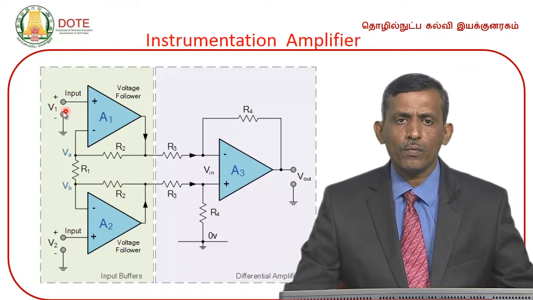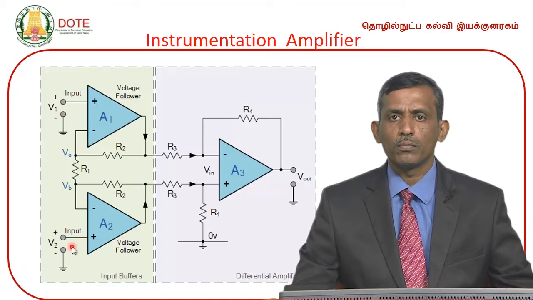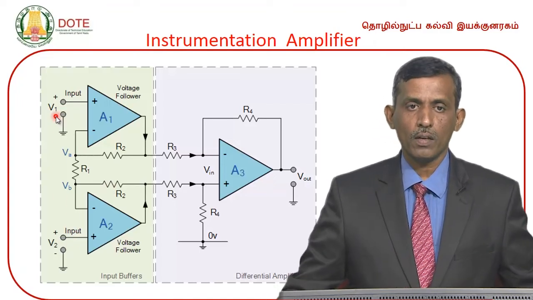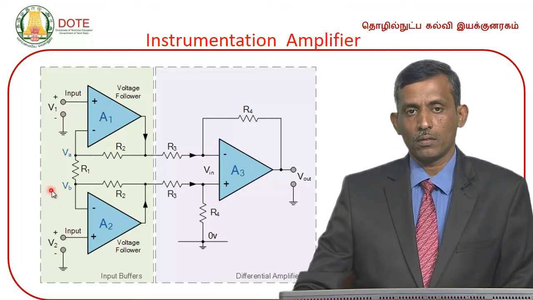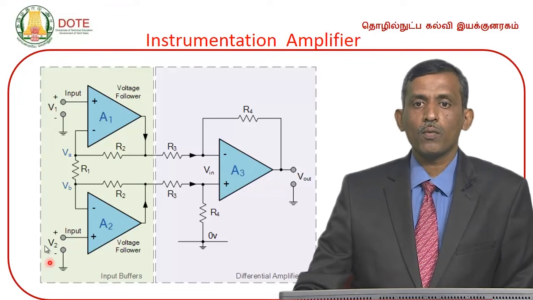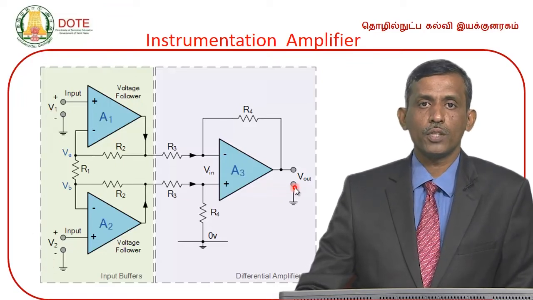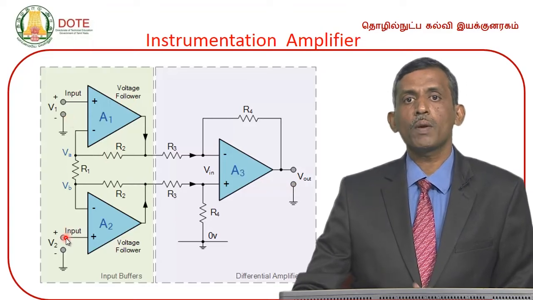See, assume when V1 equal to V2, that means what? Input V1 equal to V2, that is common mode voltage. V1 level of voltage கொடுக்கிறோம், for example V1 is 2 volt, V2 is also 2 volt, then what is the output? It must be 0 volt. Why? Because V1 equal to V2 means it is the common mode voltage.